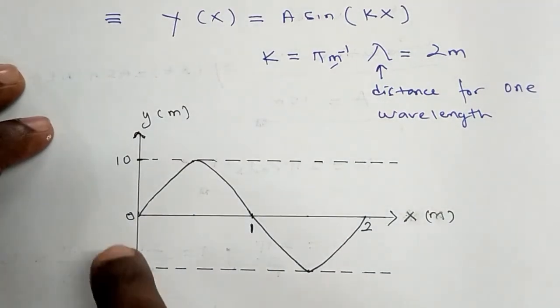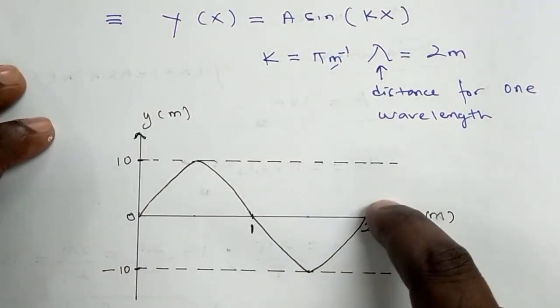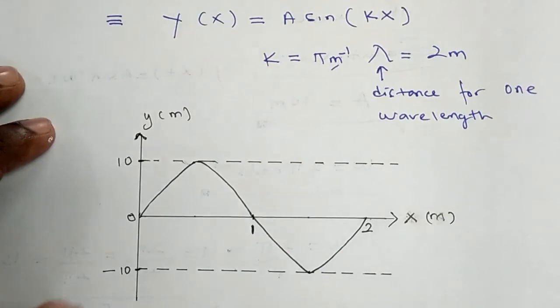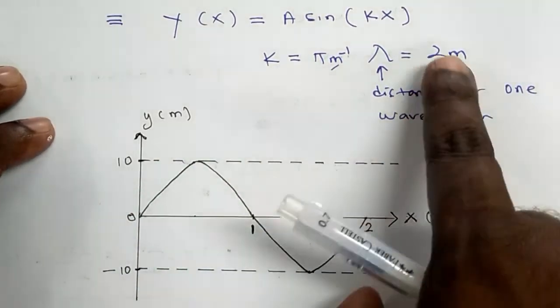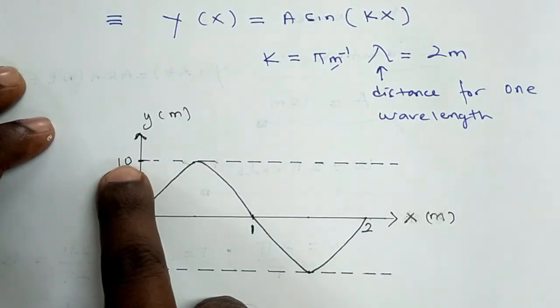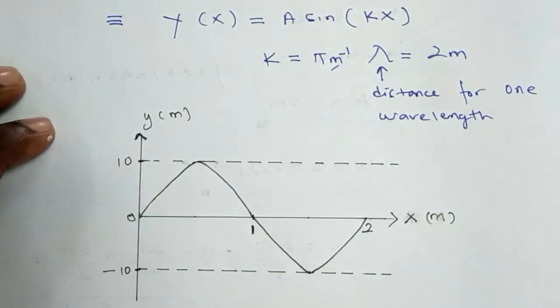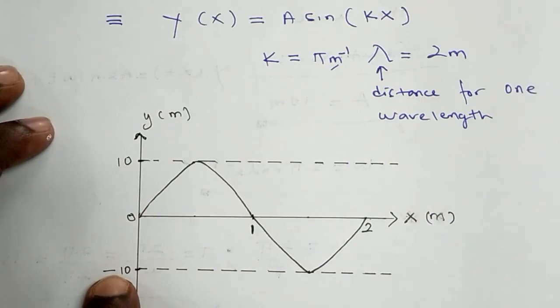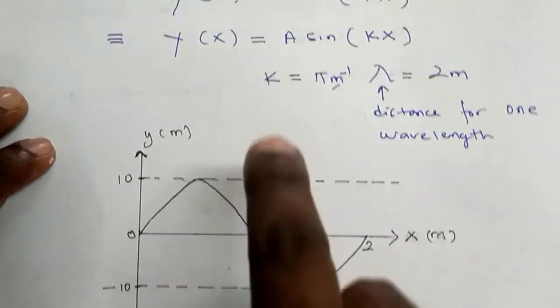So you have a beautiful sinusoidal graph for one wavelength, 2 meter, where the amplitude is 10 meter and negative 10 meter from the equation.